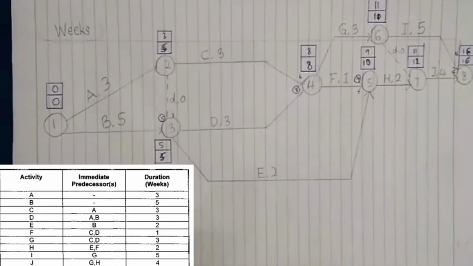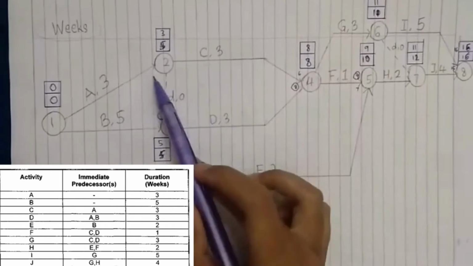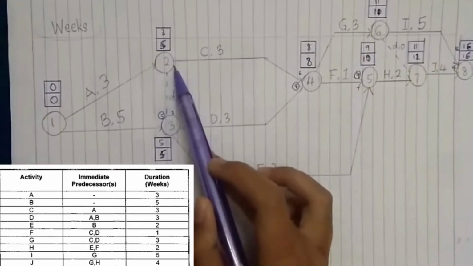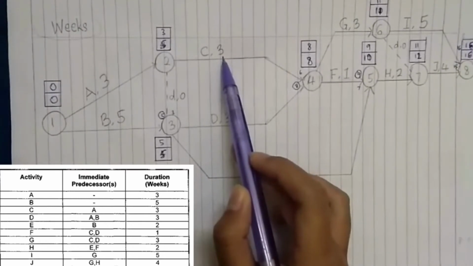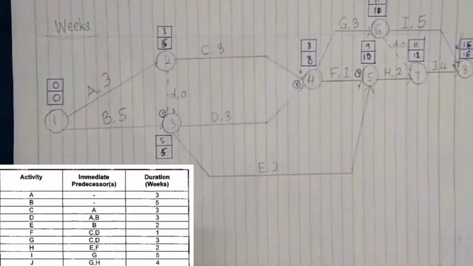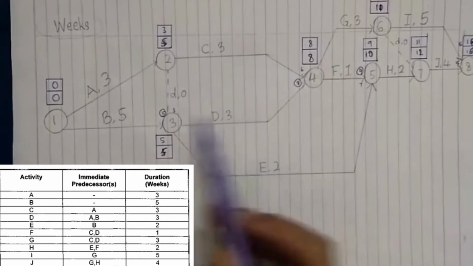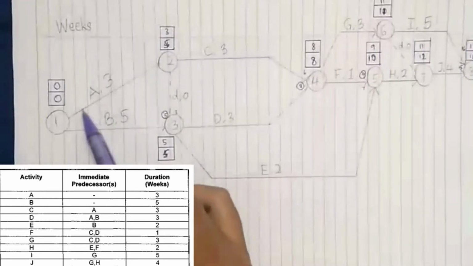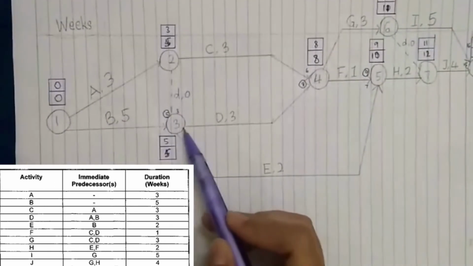And then we see in the diagram, C came from A. So we make it 2. So C with the 3 weeks duration. D came from A and B. So a combination of A and B will make it 3.